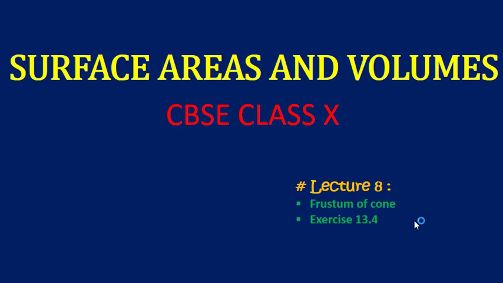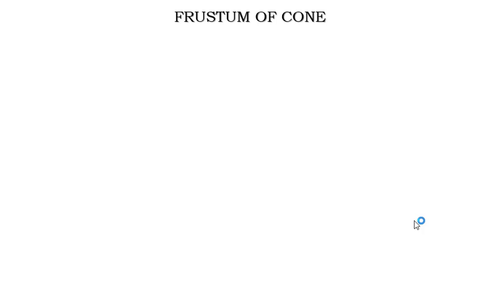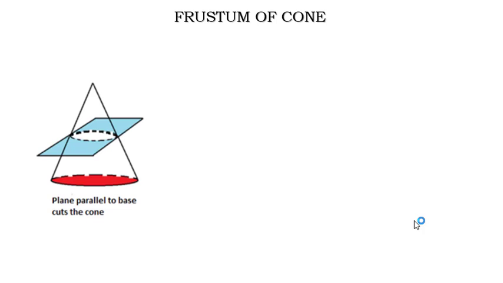So let us first understand what is a frustum of a cone. Now you can see in the diagram there is a right circular cone. Now what is a right circular cone? A right circular cone is a cone in which the base is perpendicular to the height.